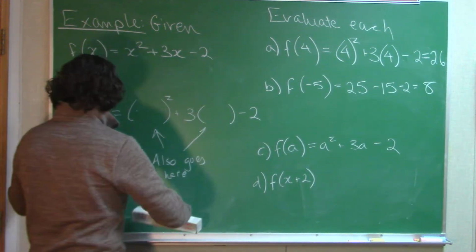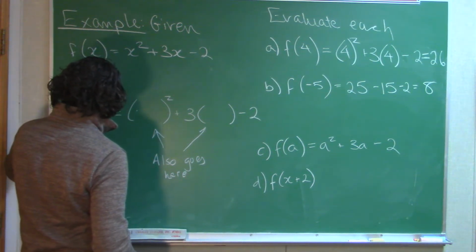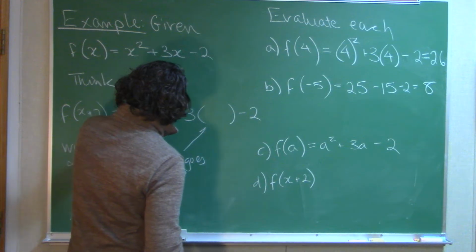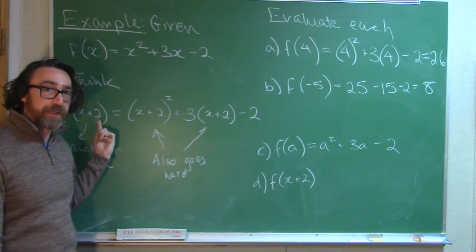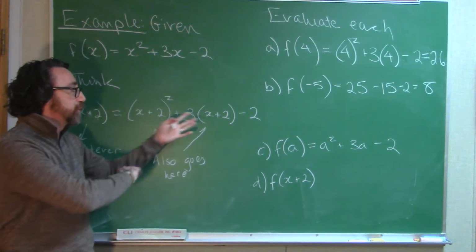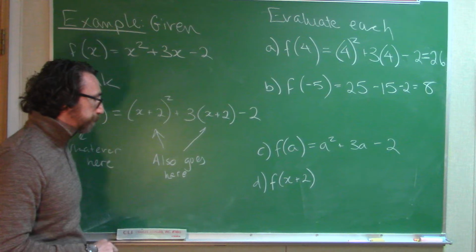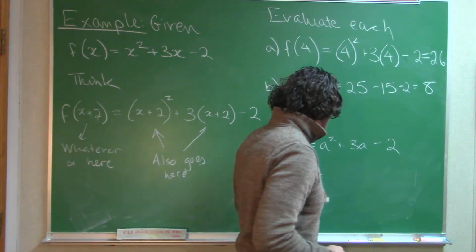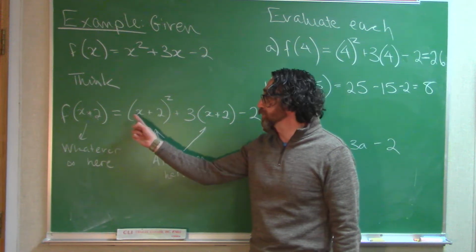The input is x plus 2. So if we use x plus 2 in the blank on the left, we put x plus 2's in each of the blanks on the right. Now, let's think about what we get here. Once again, we have to take the instructions literally.